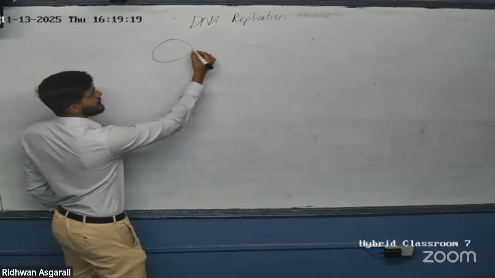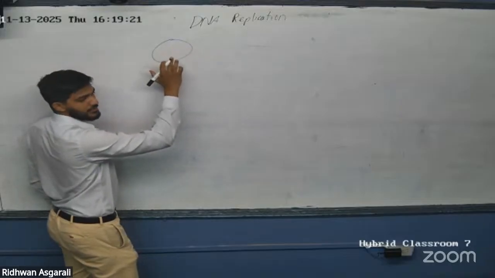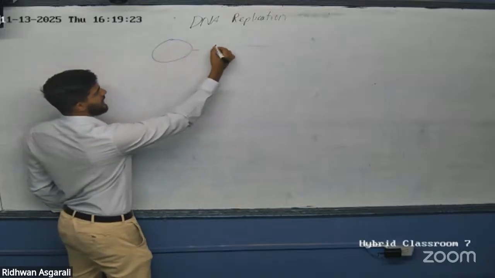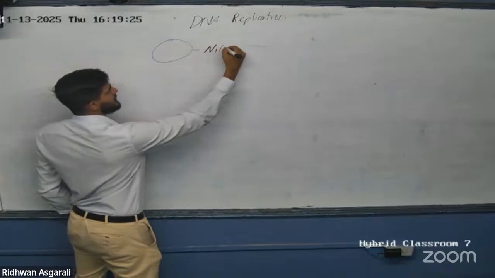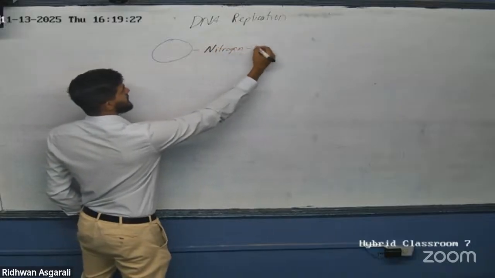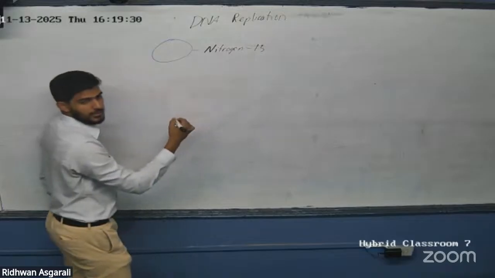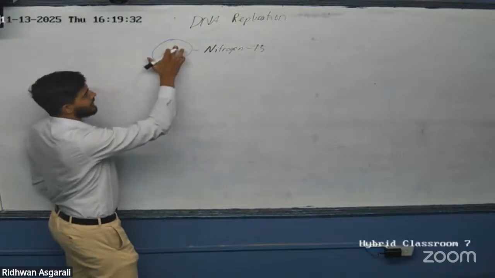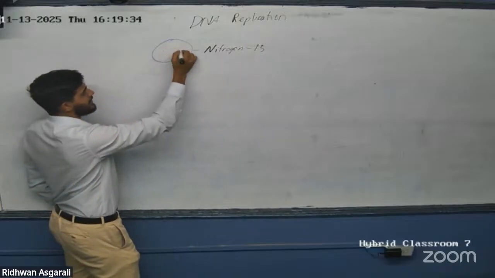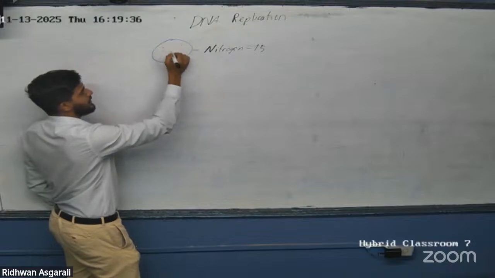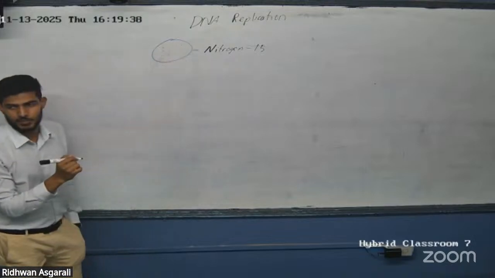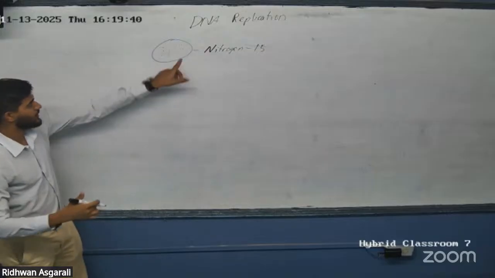So in the petri dish, in the broth itself, it contains nitrogen 15. Another word for this is heavy nitrogen. They cultured the E. coli, so the E. coli colonies grew on the petri dish. They kept reproducing, so they grew on it.